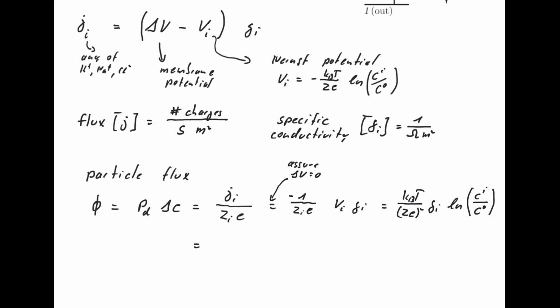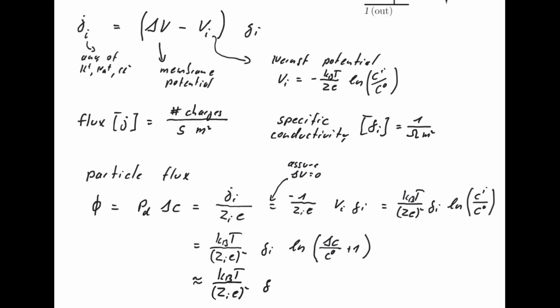Now further simplifying and taking into account that the relative concentration difference is small, we obtain the final equation which relates delta C and the permeability coefficient Pd with kBT divided by Zi e squared times Gi delta C divided by C outside.